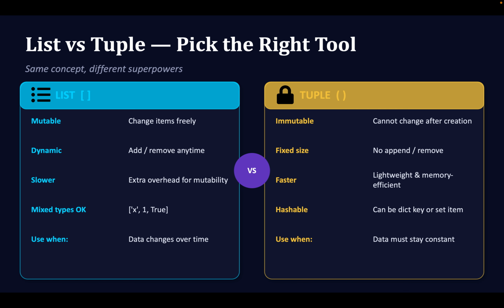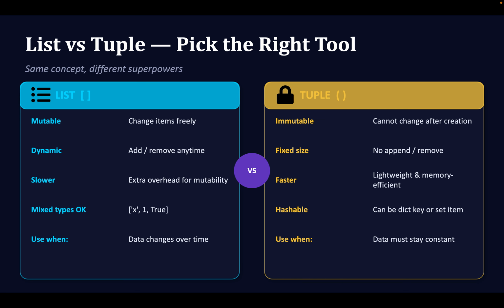It is slower, of course, because there is extra overhead since we can modify it. And another thing is mixed types are okay in a list. If you want to give strings, numbers or anything, you can give it simply.